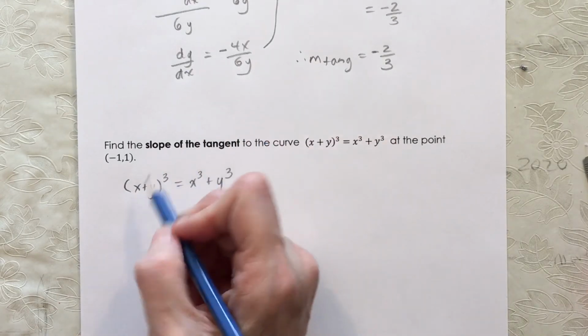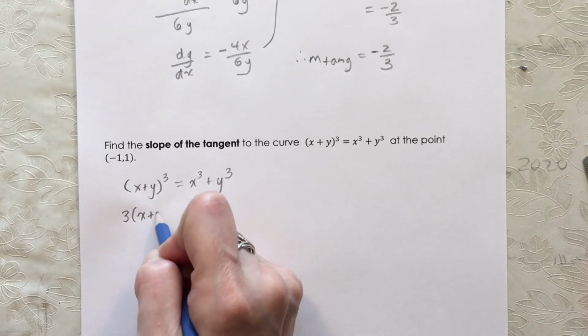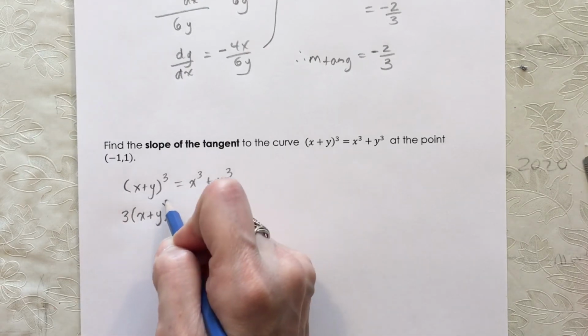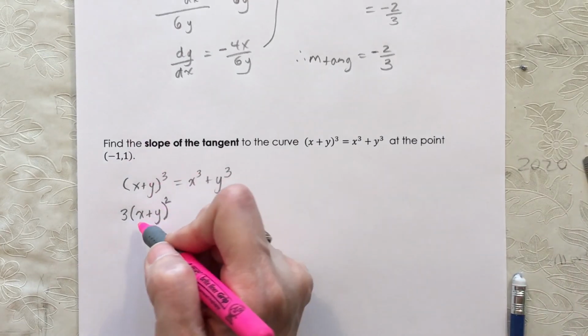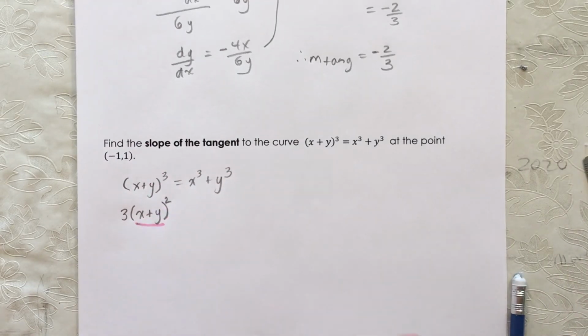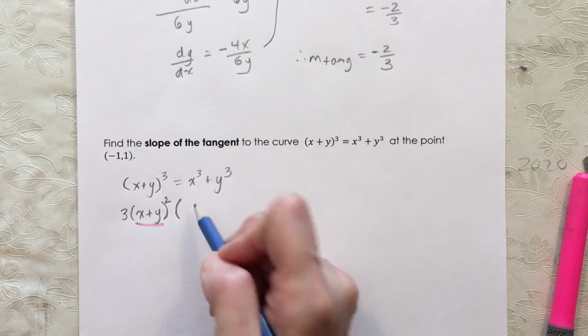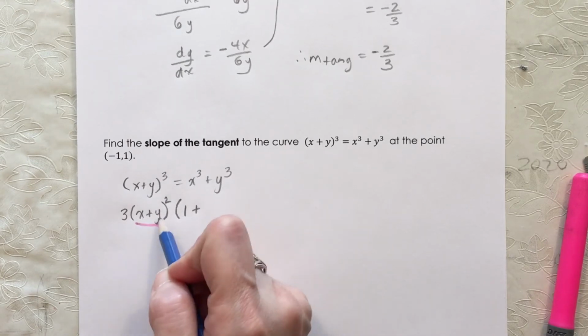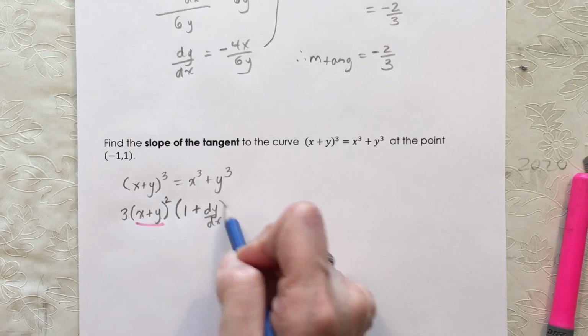When we derive it, it's chain rule: 3 times whatever's in the brackets, x plus y to the power of 2. And then we want to multiply by the derivative, using the chain rule, of what's in the brackets. So here's my bracket. The derivative of x is 1. The derivative of y with respect to x is dy by dx.